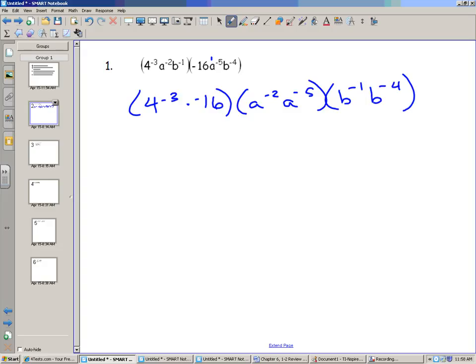Okay, now what is the difference between a negative exponent versus the negative number? What does the negative exponent mean? The negative number means that you owe somebody money. You're in debt. You borrowed $16 from somebody. Does that make sense? 4 to the negative 3 means that we're not allowed to have the negative exponent.